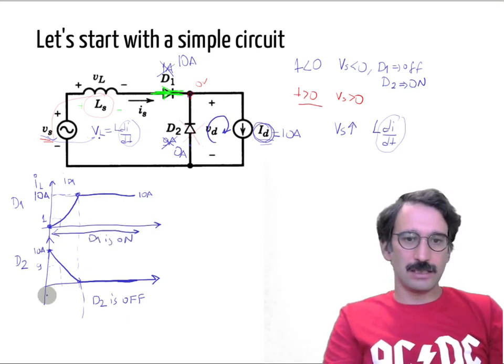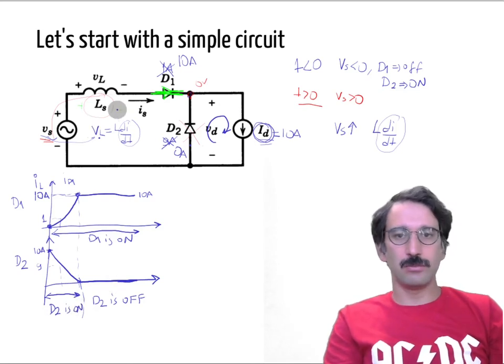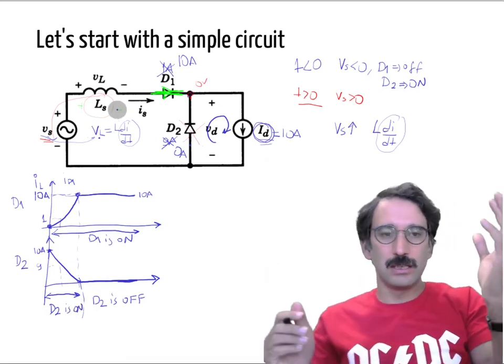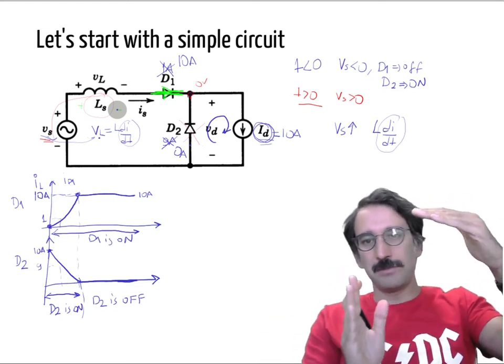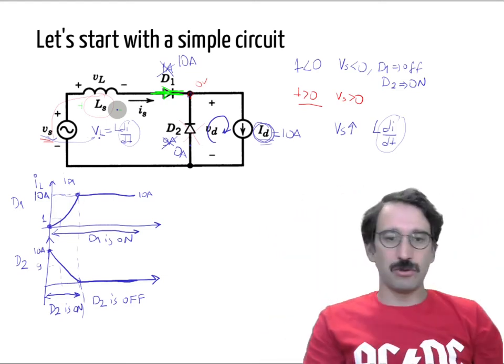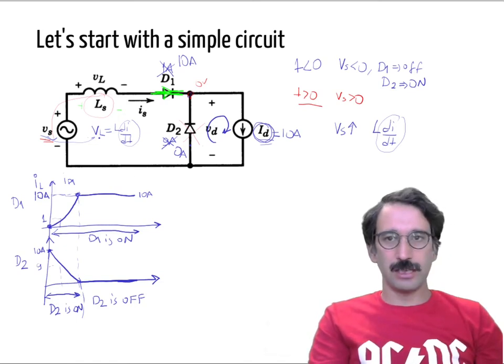Interestingly, during that earlier time, D2 is also on. So it starts with one of the diodes, and then the other one helps to get the 10 amps. For some period of time both conduct, and we call that time the commutation period.